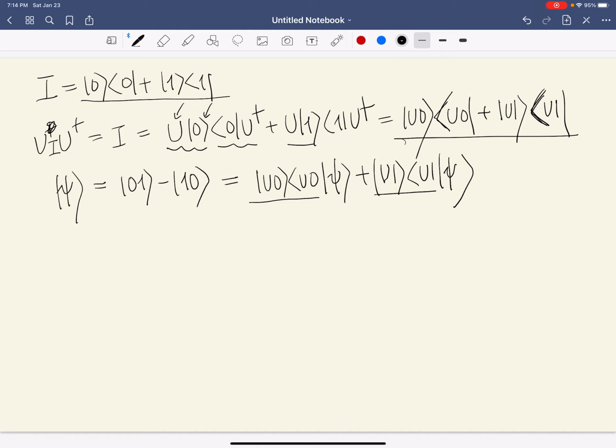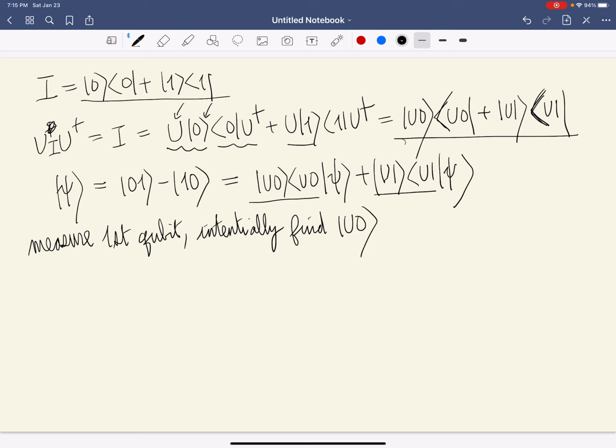And then suppose that you have made some measurement. You measure the state of the first qubit in a way which intentionally finds the first qubit to be always in the state of u0.